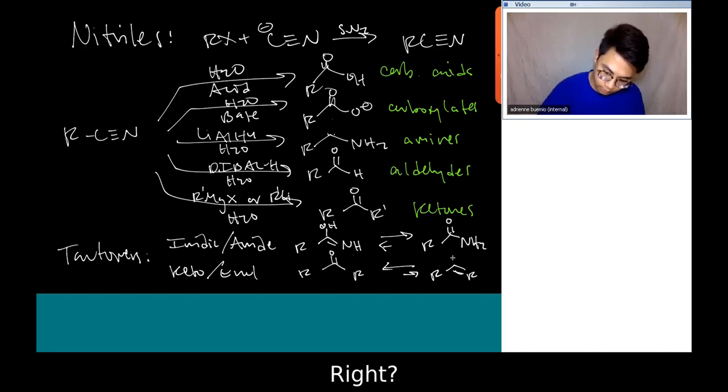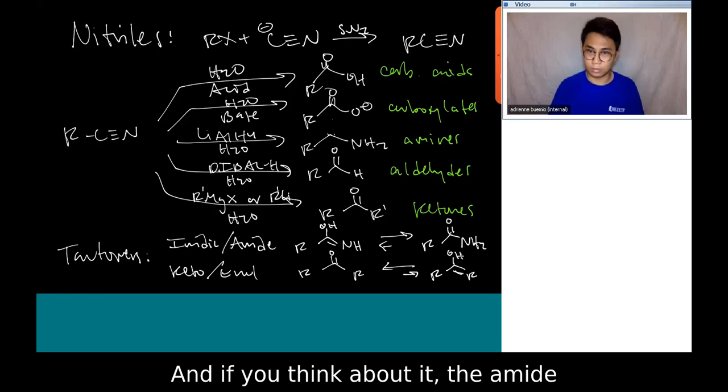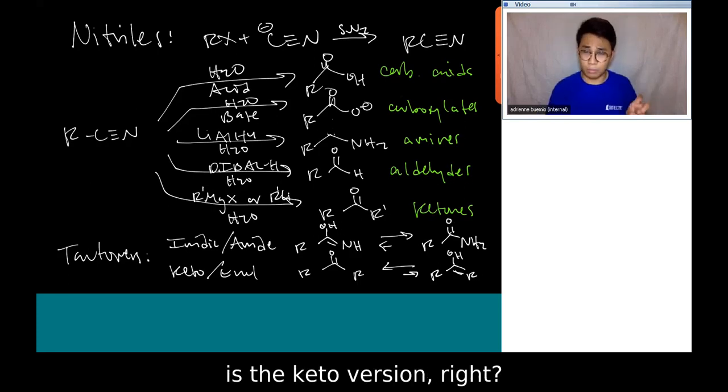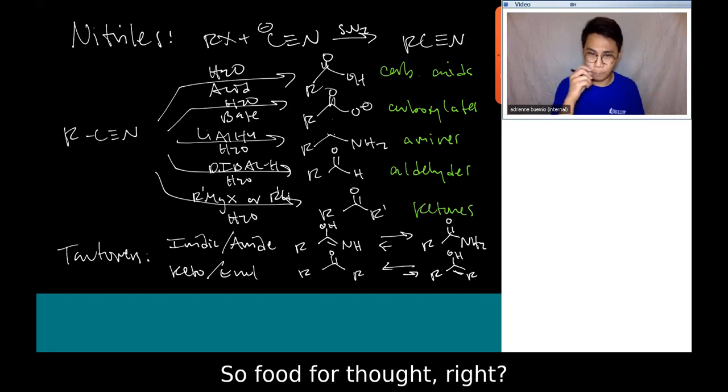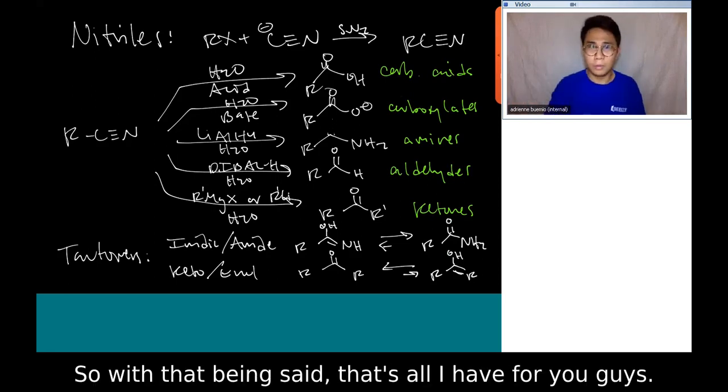And if you think about it, the amide is the keto version, while the imide or imidic is the enol version. So, food for thought.